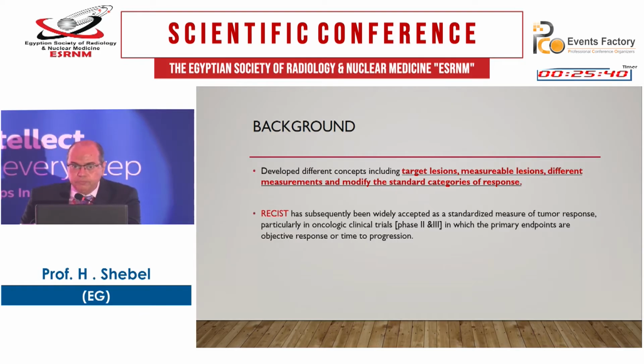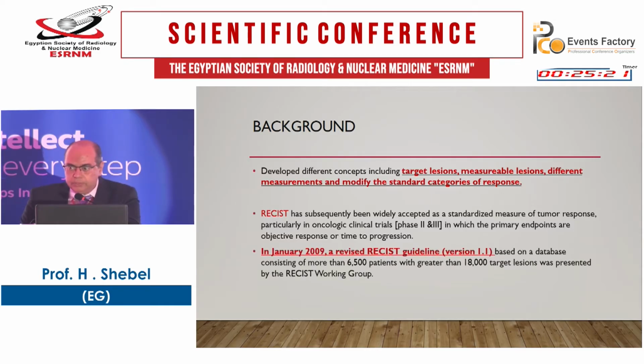So this new version is called RECIST version 1. It continued until the year 2009 and was very successful, with wide acceptance from both radiologists and oncologists in the field of tumor oncology.